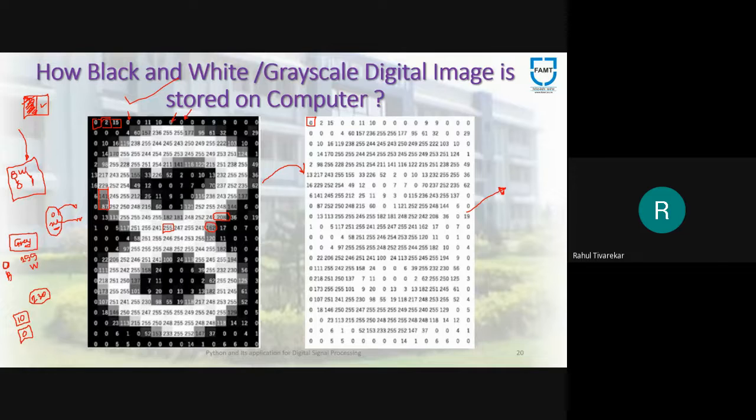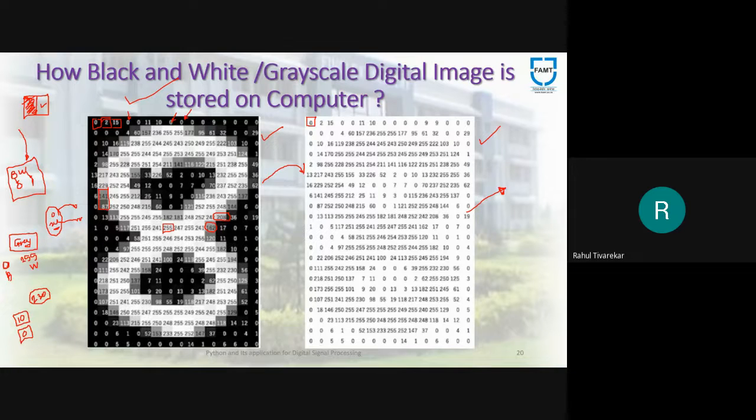You notice there is a difference between the gray values of these two colors, and it is because they have different pixel intensity. So this is how an image is actually displayed on the screen, and this is how an image is stored in the storage unit of a computer.